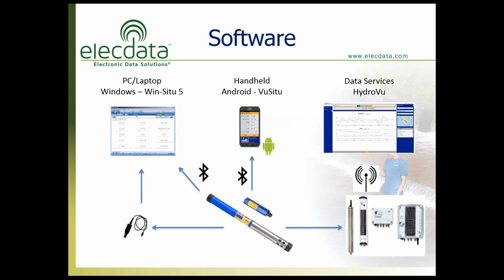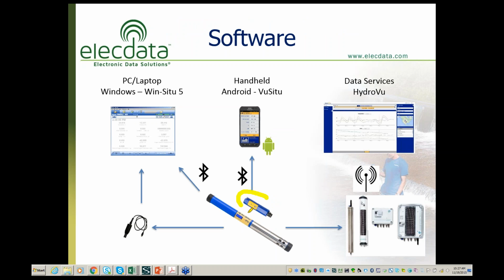How that happens is there's a Bluetooth transmitter, which is this blue device right here, that plugs into the top of the sonde via cable. You would just turn on your Android device running In-Situ's free In-Situ software, and you have full functionality to see real-time readings, calibrate the sonde, and download data. Basically anything that you can do with the computer can be done via Bluetooth to your Android device.